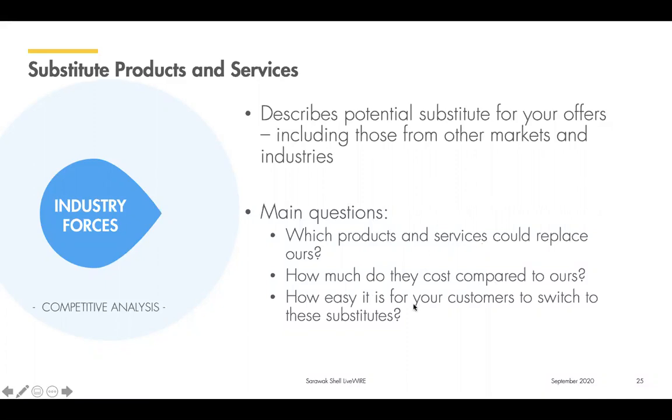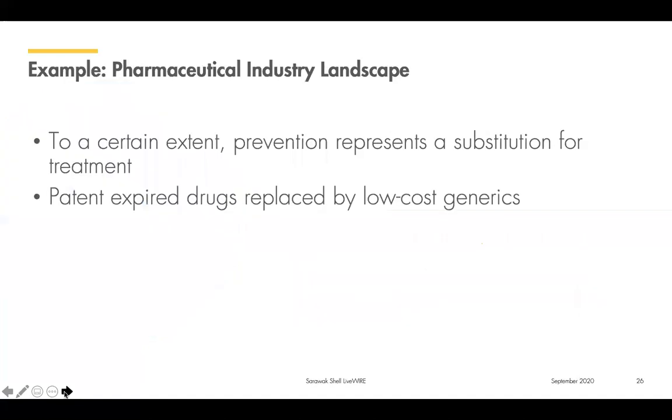How easy is it for your customer to switch to the substitutes? So you want to make sure that your offer is attractive enough so that they don't switch, whether in terms of time, money, or how hard it is to perform. So for the pharmaceutical industry, prevention is an example of substitution to treatment.